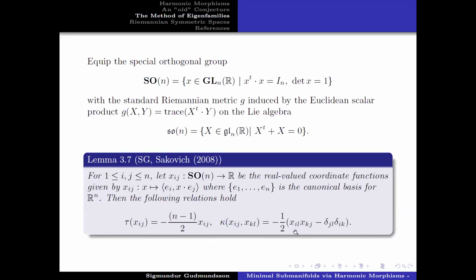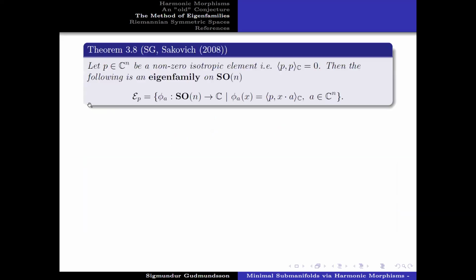Okay, so what you do, you take these, they are just the coefficients of SON. And then you have this disturbing factor here. So somehow you have to see that this disappears. That's if you pick an isotropic element.